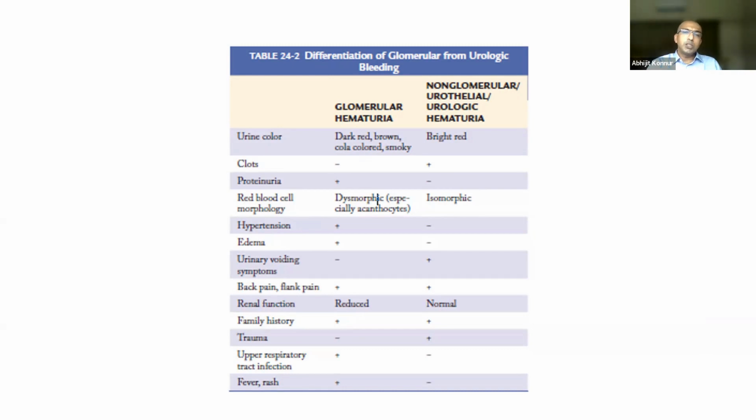You'll get dysmorphic RBCs in glomerular hematuria, and you'll also get the presence of hypertension, edema, and a history of upper respiratory tract infections. Whereas there will be voiding symptoms and flank pain, and the renal function will be typically normal in the urologic causes of hematuria.